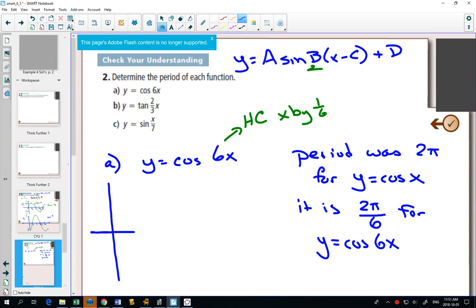Here, instead of marking 2 pi like I normally do, I would mark 2 pi over 6, which is 1 full period. Same thing as before with our axes, we divide this into 4 equal sections. Now we have to take pi over 3 and divide it into 4 equal sections.